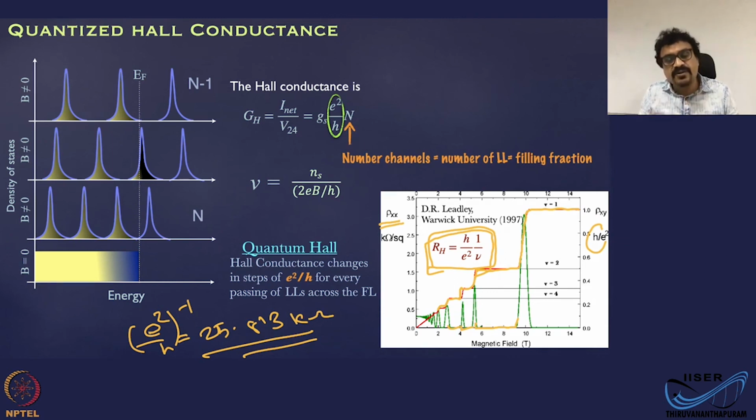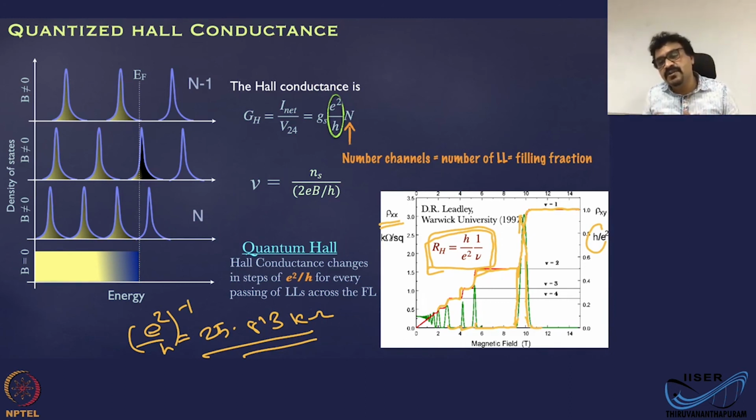That gives a plateau in the Rxy, but a 0 resistance in the Rxx. Whenever the plateau changes from 1 to 2 or 2 to 3, a Landau level is crossing the Fermi level. At that time you have states for backscattering, so along the direction of propagation, in Rxx, you are going to get a peak in the resistance. That is what you are seeing in this plot.